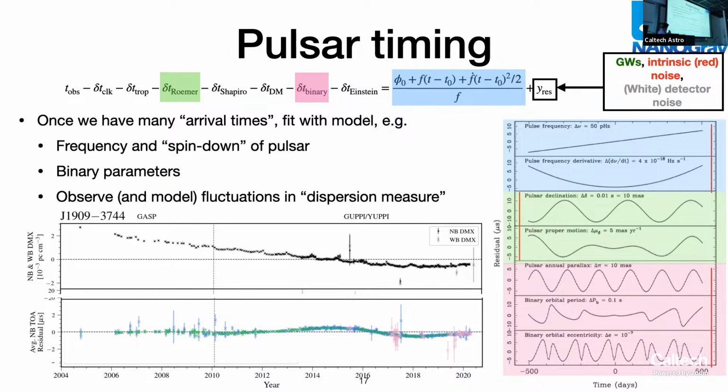Same thing, we get a quadratic offset if we're talking about the frequency derivative. So those are all the things we try to physically model, or some large subset of the things that we try to physically model. And then we have something that's left over here that's called the residuals. And in here would lie effects due to gravitational waves, effects due to intrinsic red noise of the pulsar.